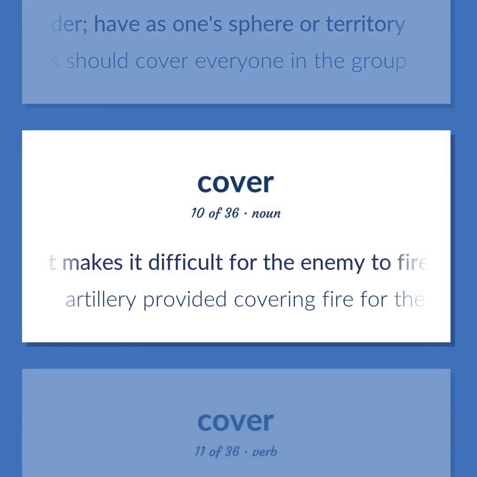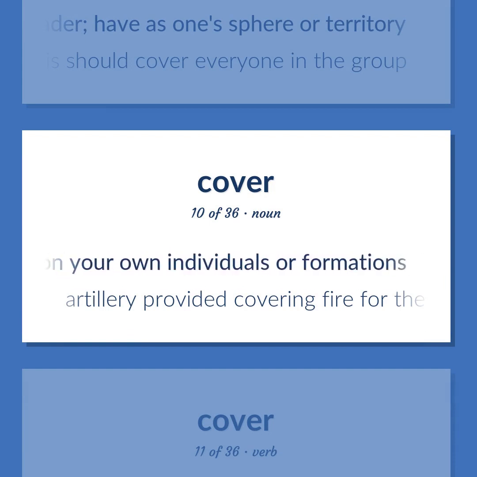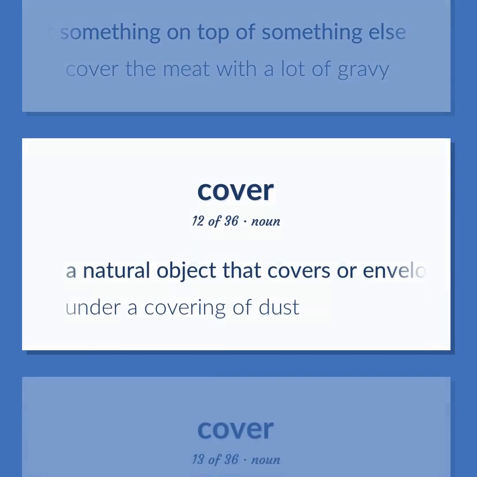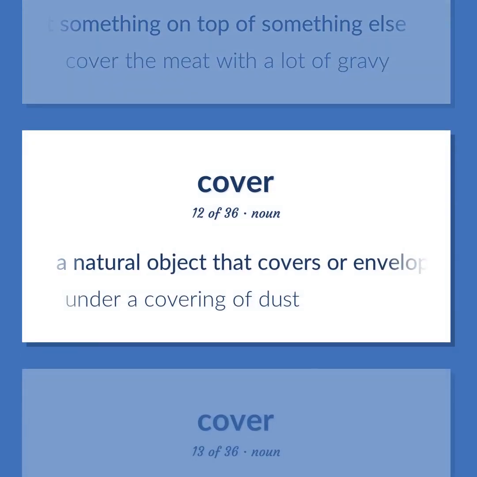Fire that makes it difficult for the enemy to fire on your own individuals or formations. Artillery provided covering fire for the withdrawal. Put something on top of something else. Cover the meat with a lot of gravy. A natural object that covers or envelops.